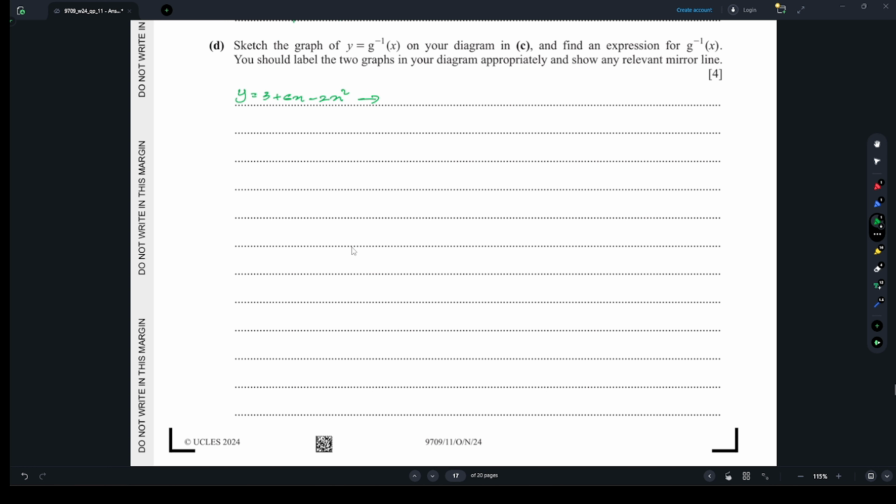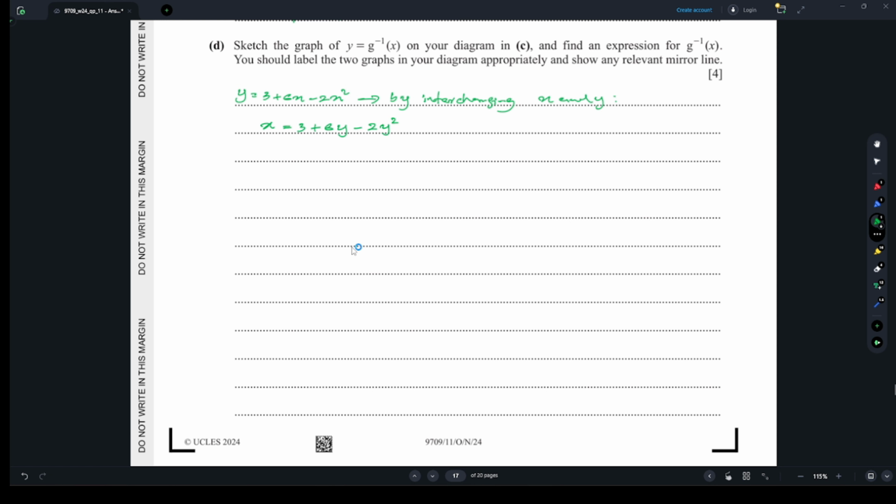So when you want to find the inverse, we interchange x and y. So by interchanging x and y, I can write x equals 3 plus 6y minus 2y square.